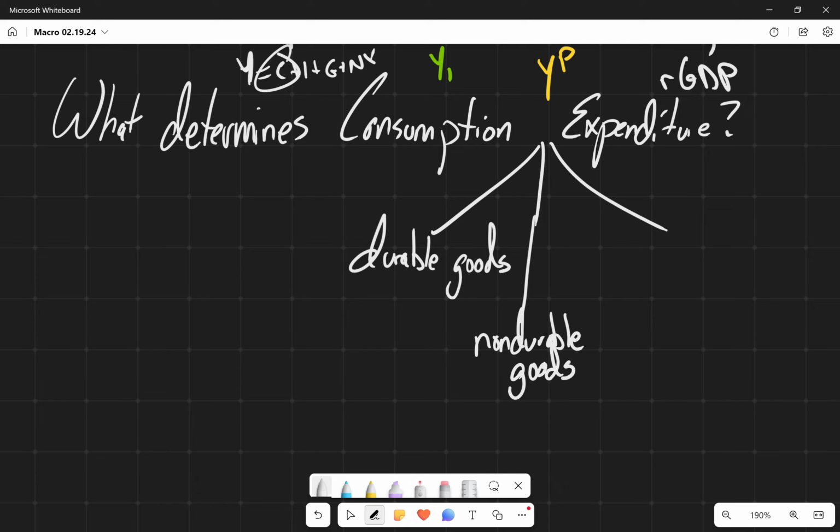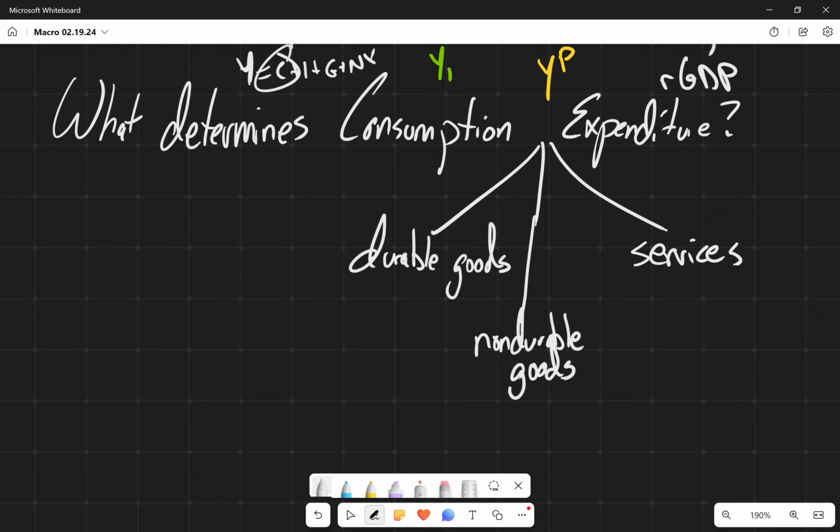These are clothing, toiletries, food, right? All that kind of stuff. And then we have services: haircuts, education, streaming services, right? We are a service-dominated economy, both in production and in consumption, right?